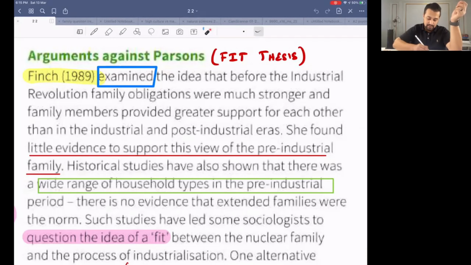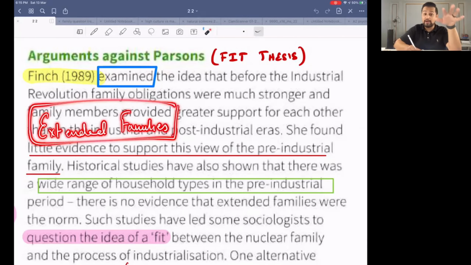Let me just write it down temporarily. We once had extended families, and these extended families used to work out quite well in agrarian or agriculture based societies. They worked quite well when we spoke about cottage industries.